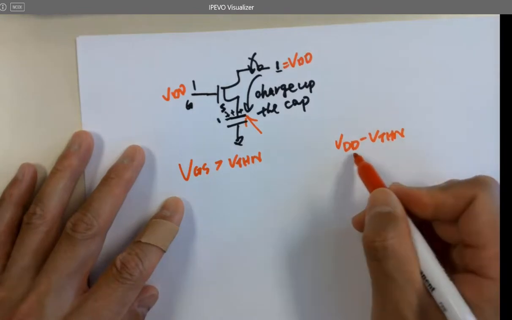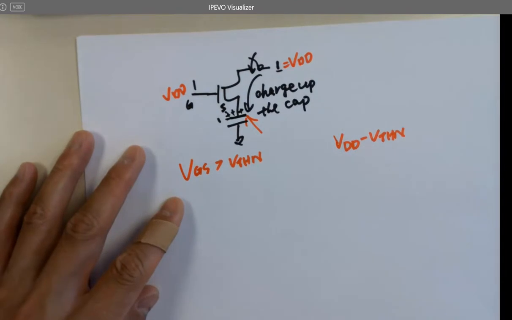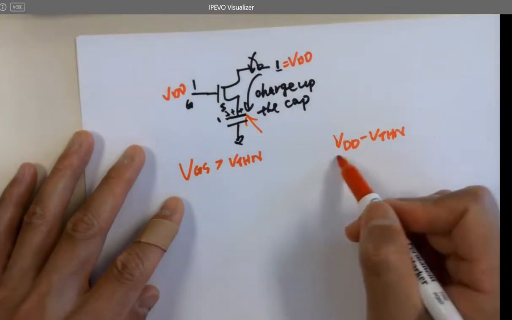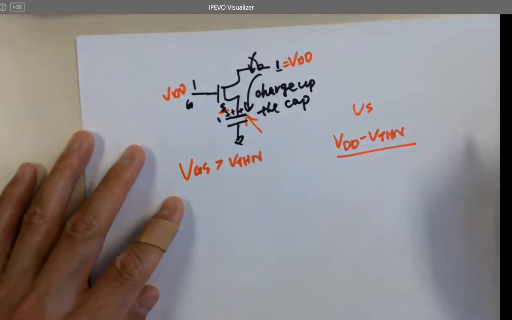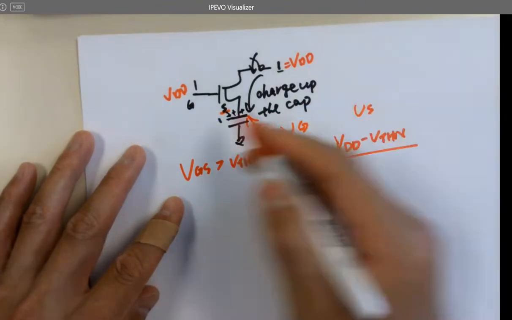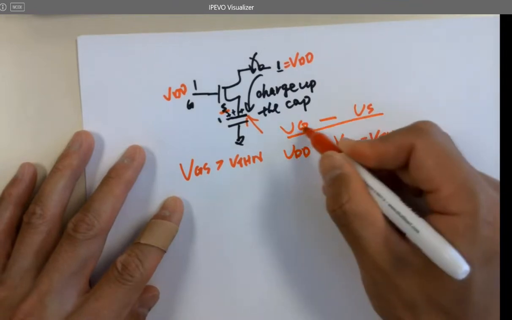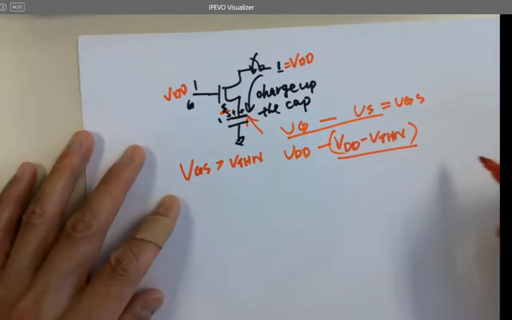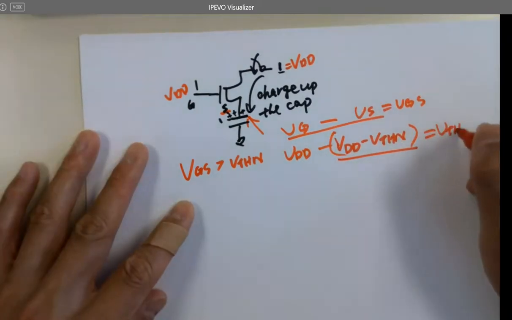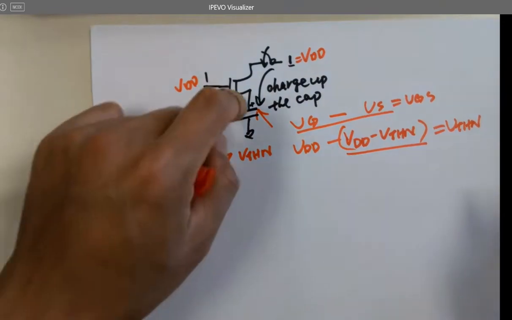It won't reach VDD, it's going to reach VDD minus 0.8. Then what's going to happen is, because this is the source voltage, this is VS, right? And your VG is VDD. So you get VGS by using VG minus VS. This equals VTHN, which is the lowest voltage to turn it on.